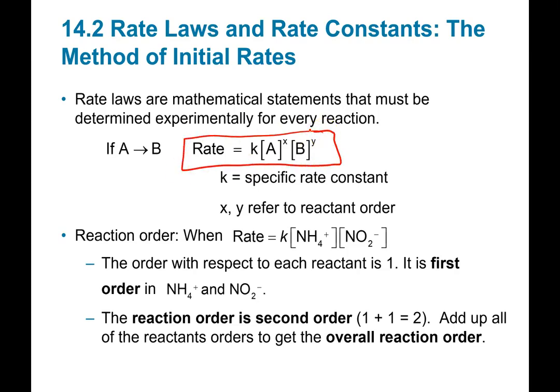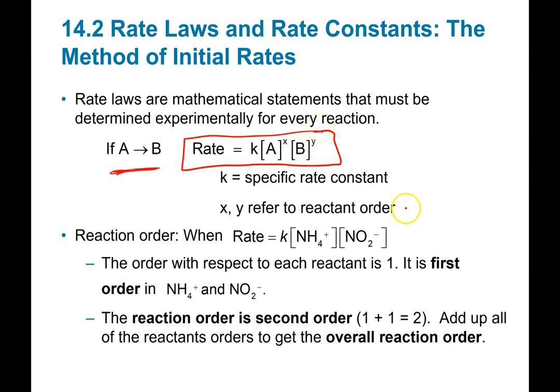Rate equals k is always the start of a rate law. Then we multiply times a bracketed concentration, represented here by an A, to some exponent, times the concentration of B to some exponent.